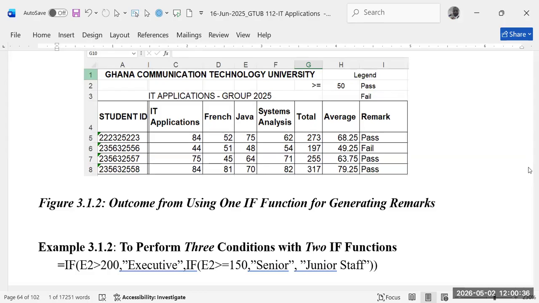Philip, can you try for us? Philip, find the formula for H6 for us.